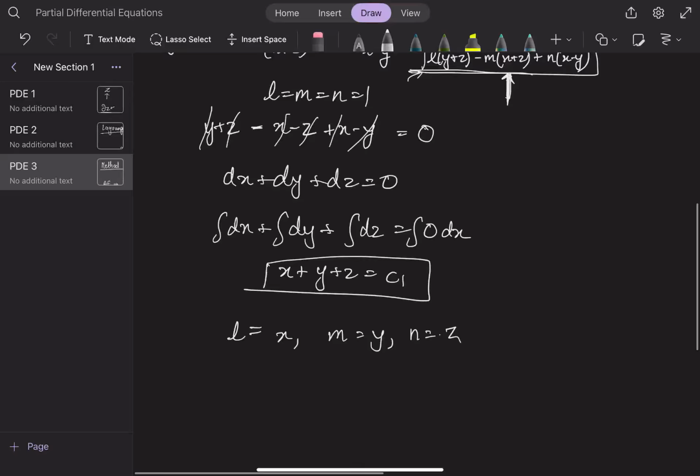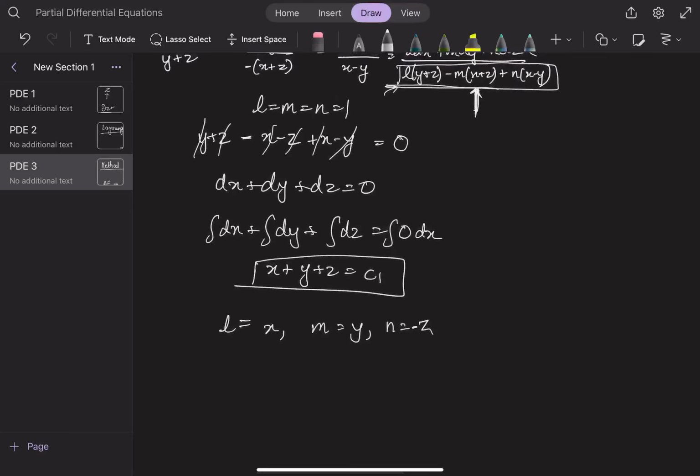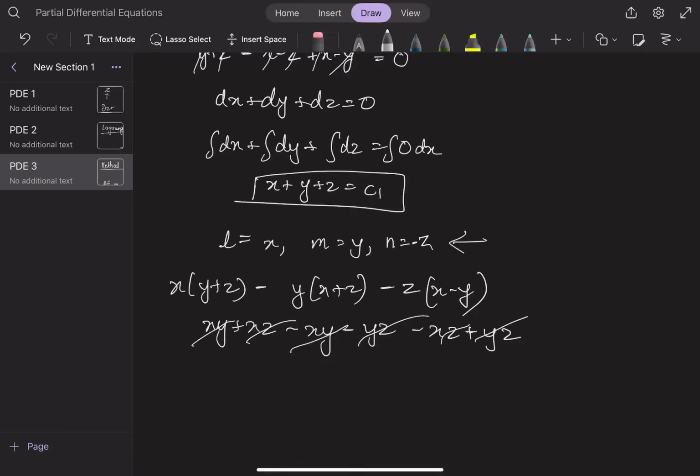So this won't work. Try minus z. So let's try this. x times y plus z minus y times x plus z minus z times x minus y. xy plus xz minus xy minus yz minus xz plus yz. So this gets cancelled, this gets cancelled, this gets cancelled. So this works.